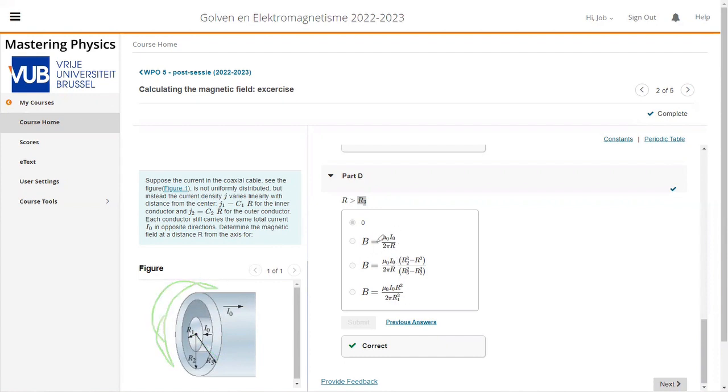That's why I chose 0, because it's greater than R3. There is just vacuum, there's not a wire. So basically B is equal to 0. Okay, skip.